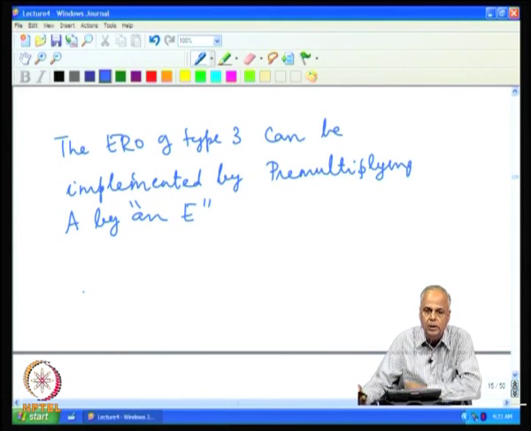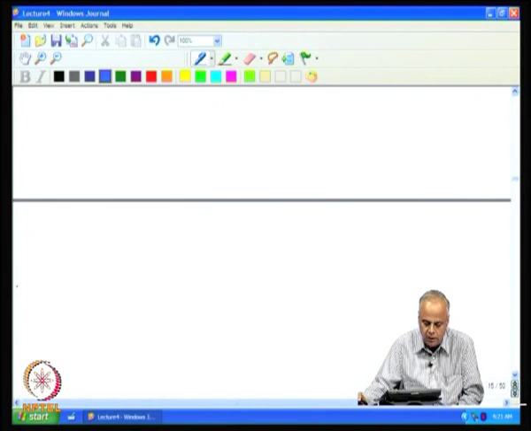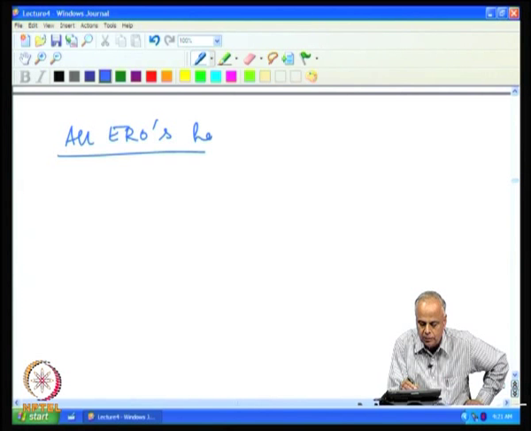So, thus in all the 3 cases of these elementary row operations, the 3 fundamental properties that we observe are, so all EROs have the following properties. 1, they are invertible.